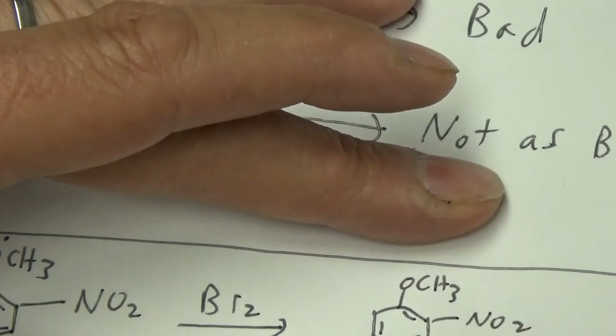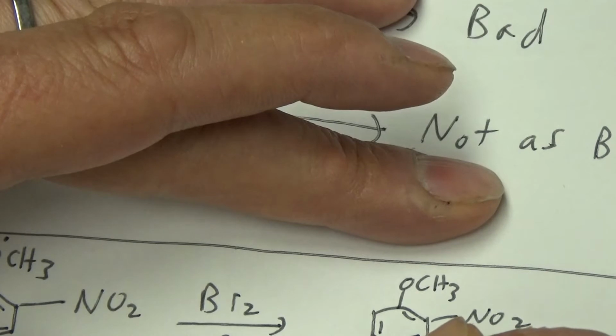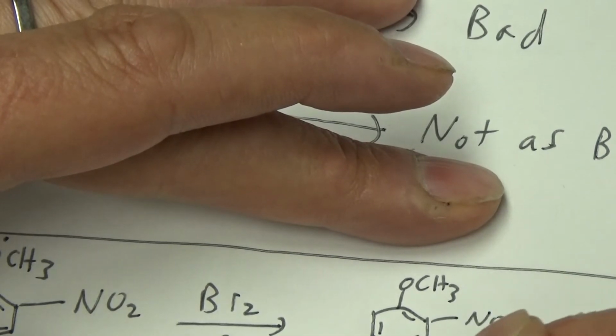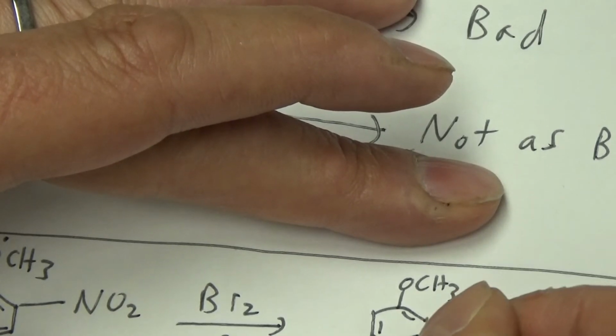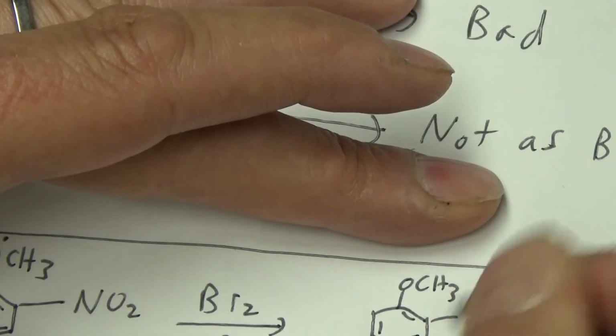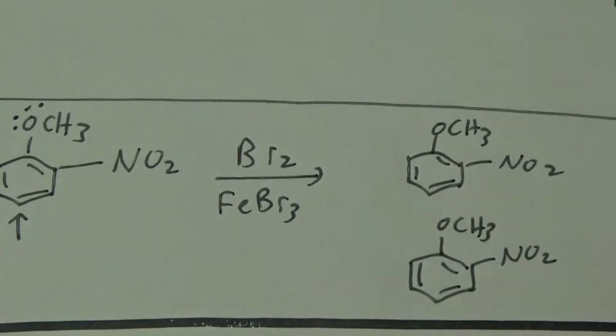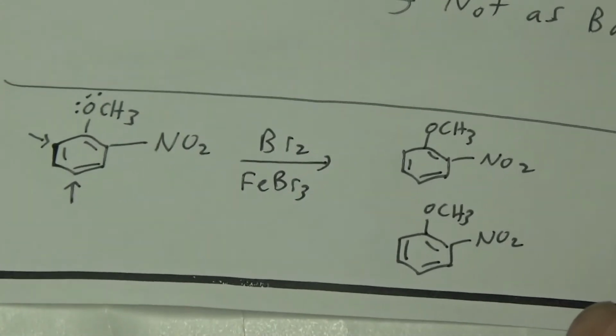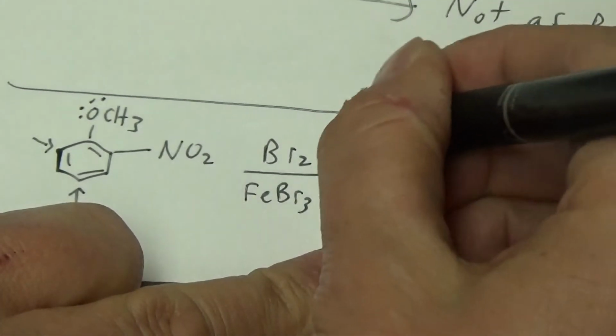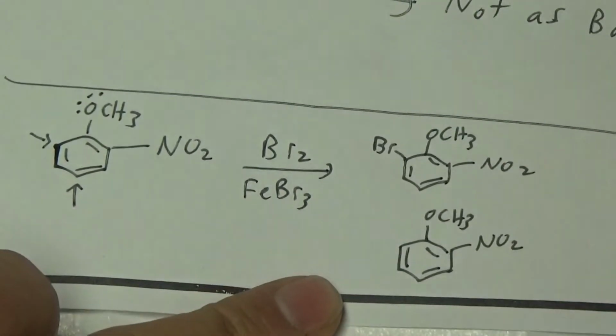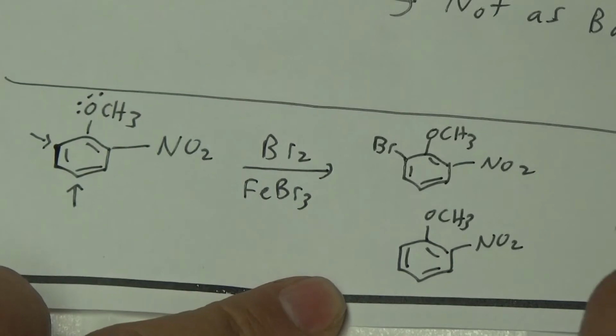there's two possibilities, right? Where's the bromine potentially going to be? It's either going to be here or it's going to be here.